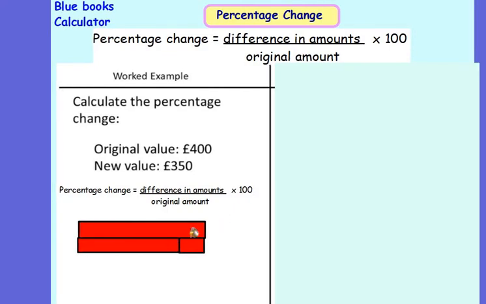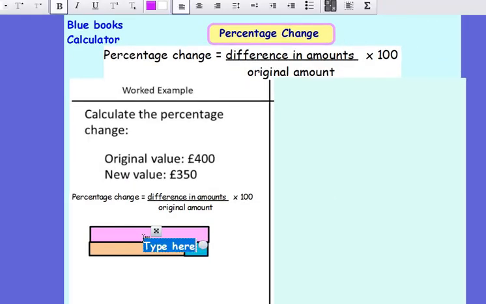As a bar, that looks like the following. I started with 400. I decreased by 50 to get my new value, which is 350.